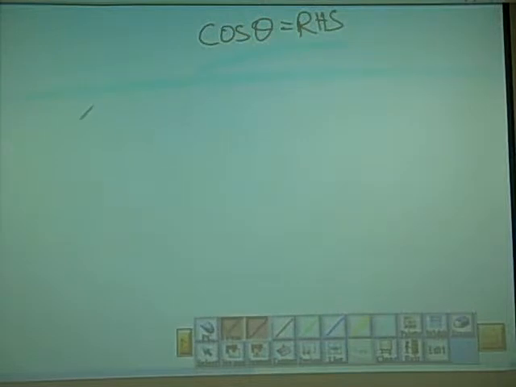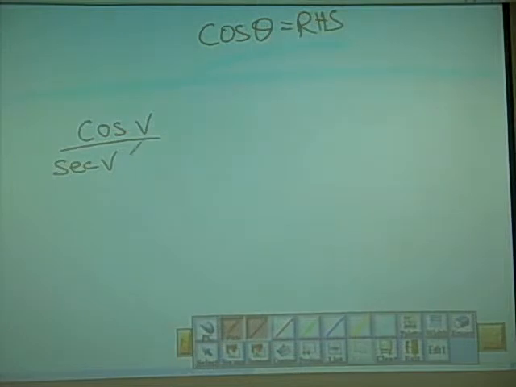we have cosine v over secant v, sine v, and we want that to equal cosecant v minus sine v.